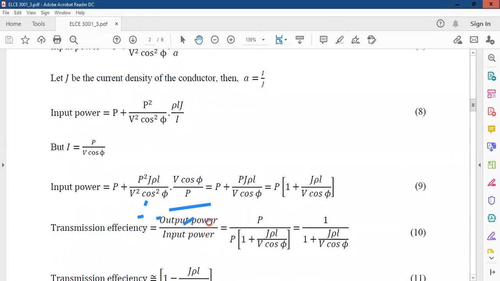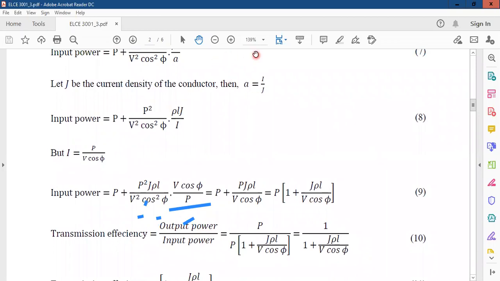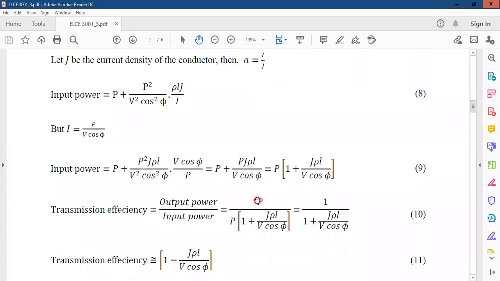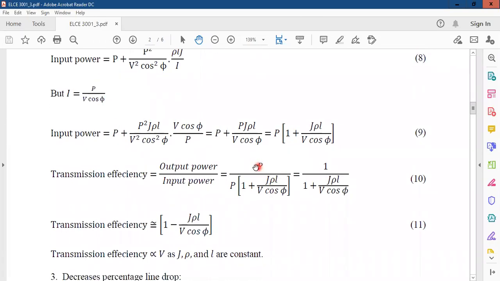Output power is P, or we can say transmitted power, over input power. This is the value of input power. So P will be eliminated with this P. Final equation will be 1 over this value only.